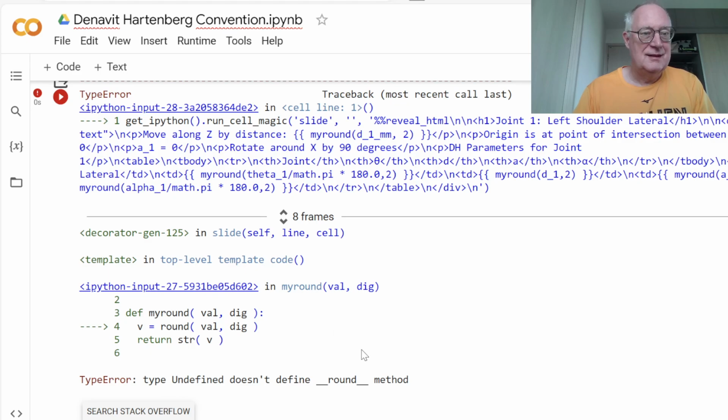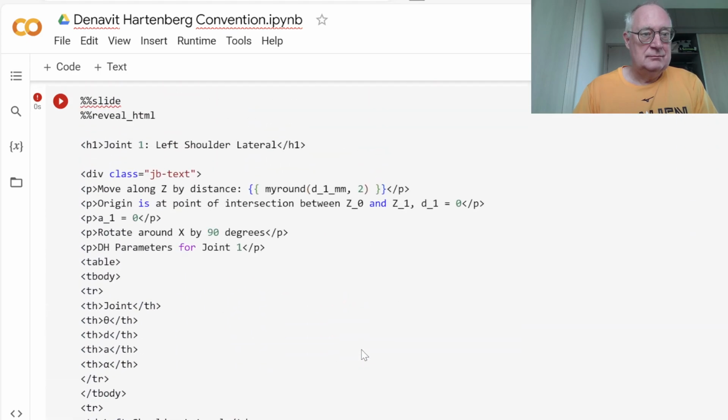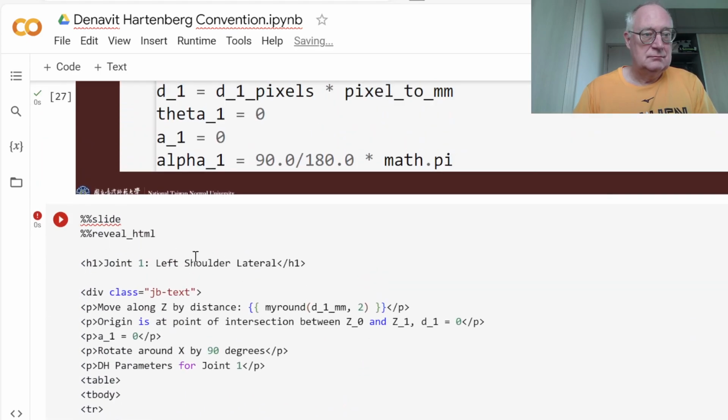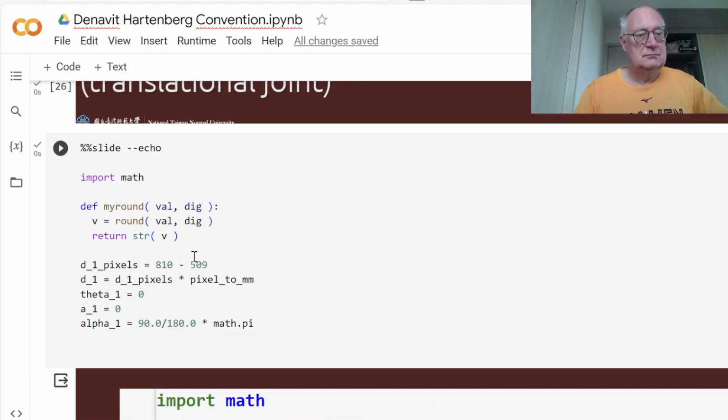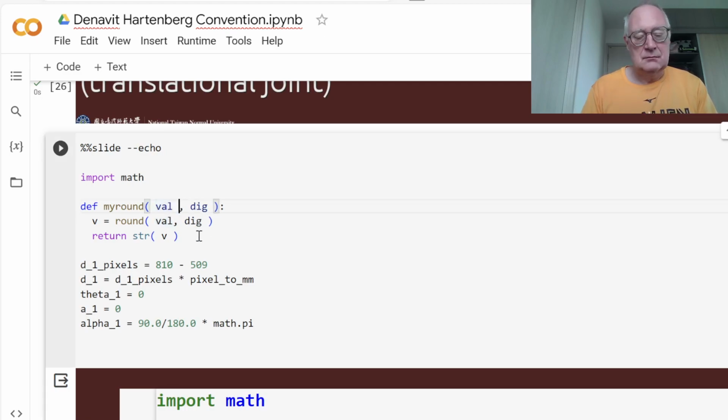No round. Okay, let's say this is a float and this is an int.